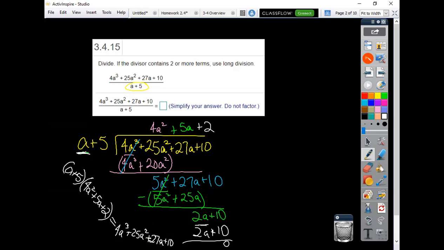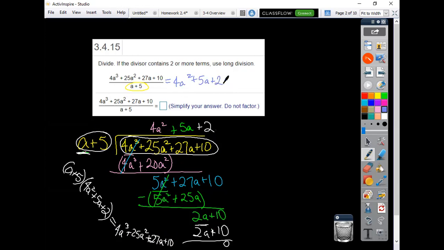So that would be an equation you could write. You could also write it as a fraction or division problem. You could write what's under here divided by the a plus 5, like they did originally, equals the answer we got, 4a squared plus 5a plus 2.